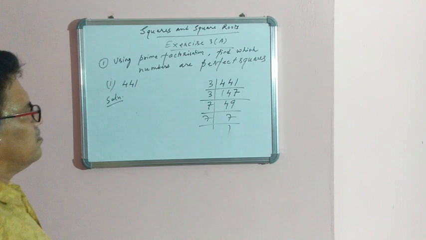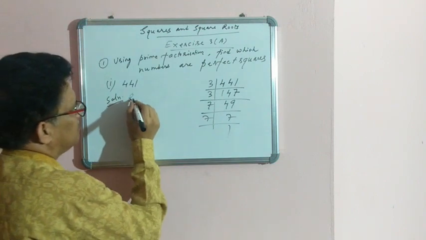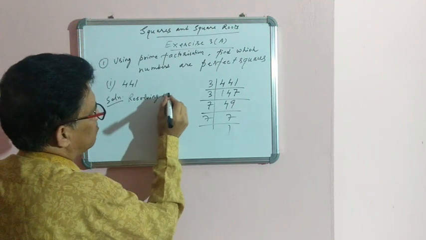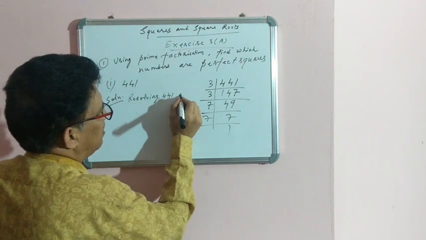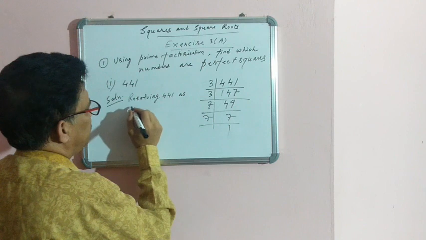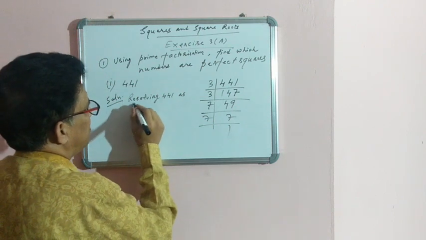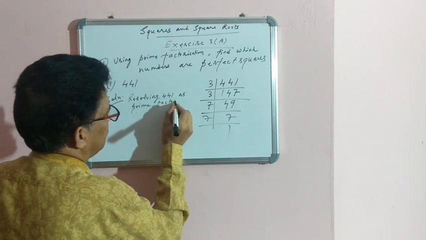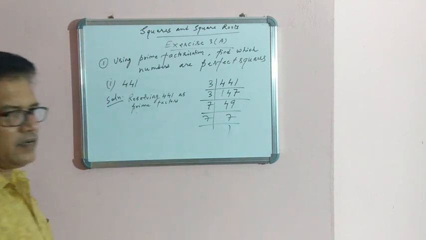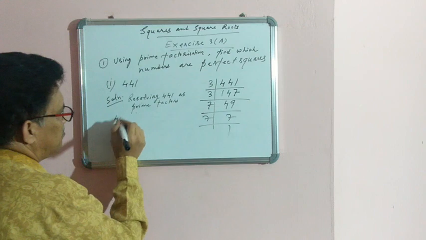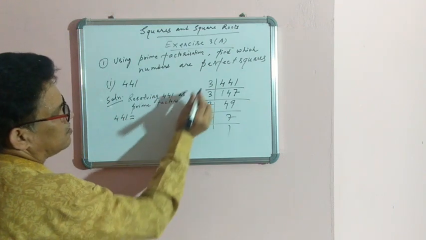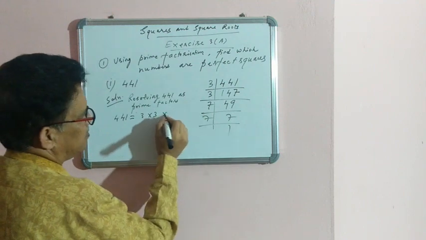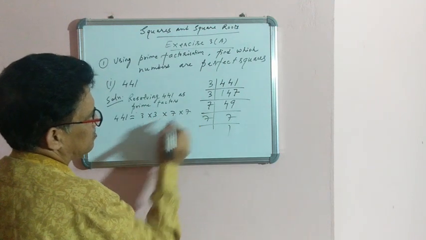So resolving 441 into prime factors, we are able to write it as a product: 441 equals 3 into 3 into 7 into 7.